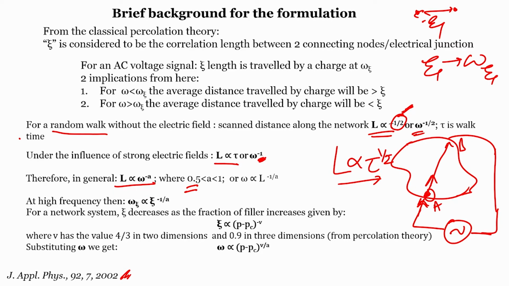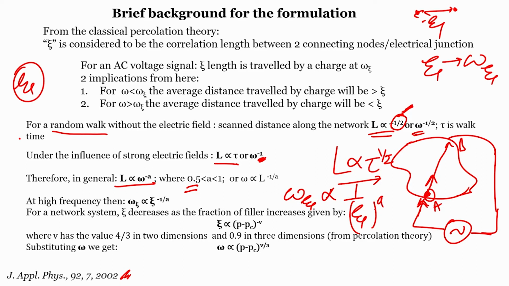Now on similar lines, it has been deduced that at high frequency, if we come back to the discussion that we had for the correlation length, we could find the same thing for the correlation length. At high frequencies, this would be applicable to the correlation length as well.